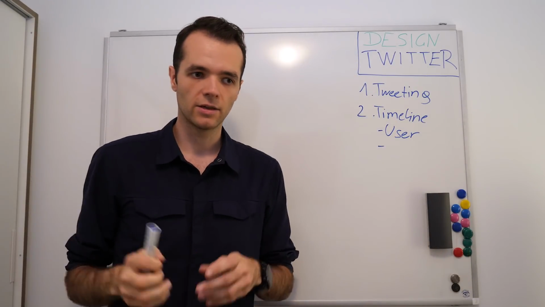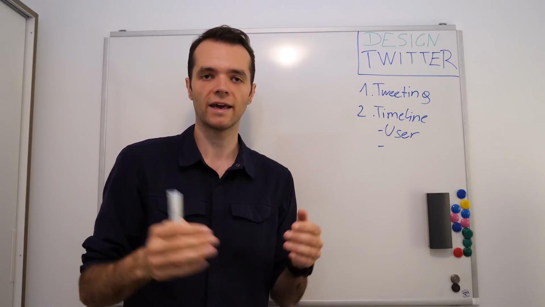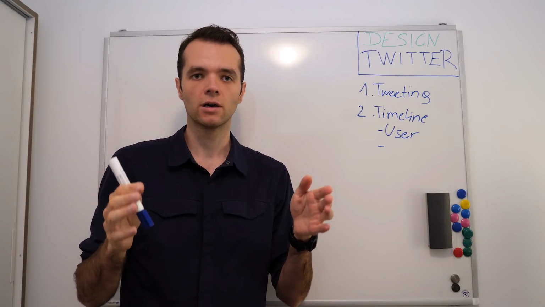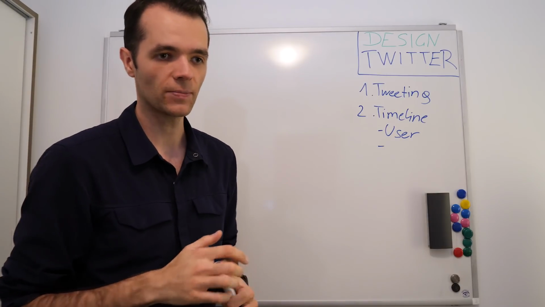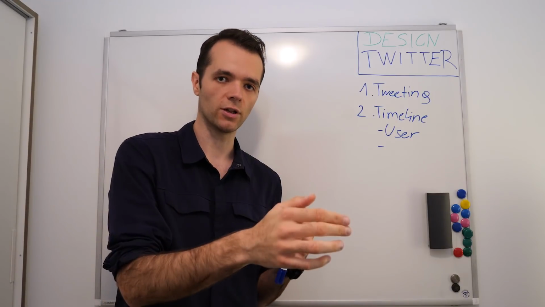And then the timeline you see, if you just go to twitter.com, you land on your so-called home timeline, which is the timeline where you see all the tweets from people you follow.